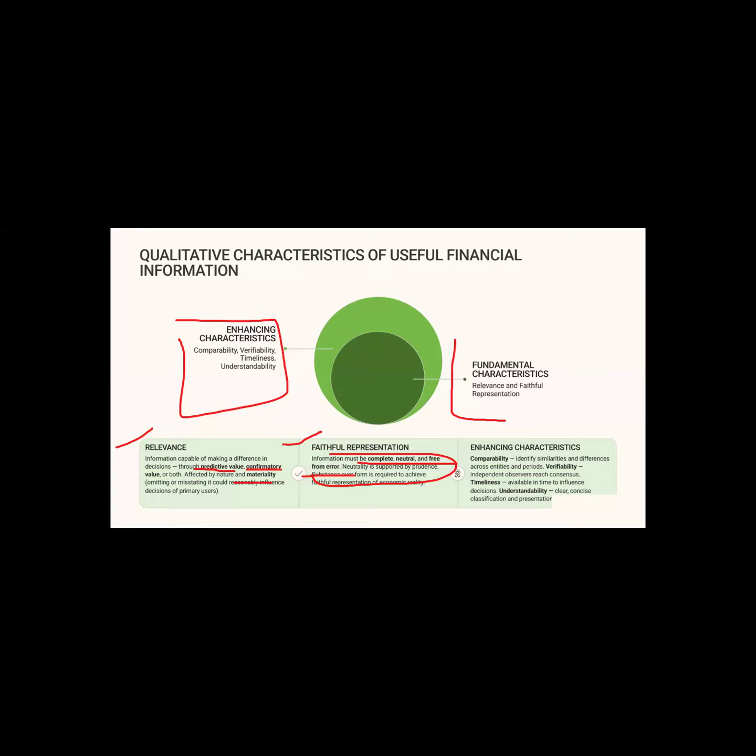If the particular information is relevant, there should be predictive and confirmatory value, as well as materiality. And for faithful representation, there should be these characteristics: it should be complete, neutral, and free from errors, without mistakes. Okay. So these are the fundamental characteristics. Is it okay?